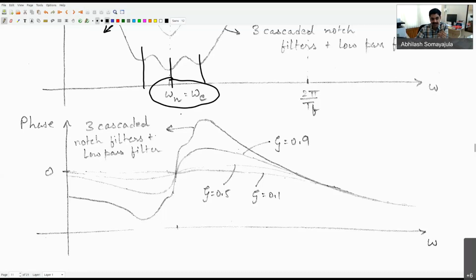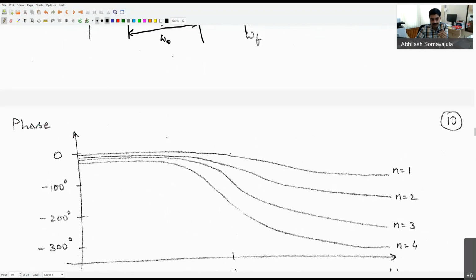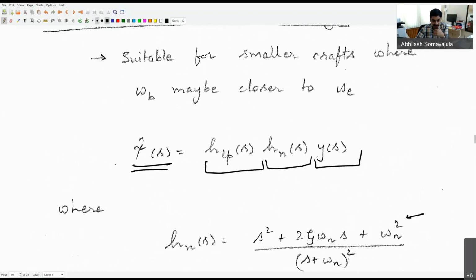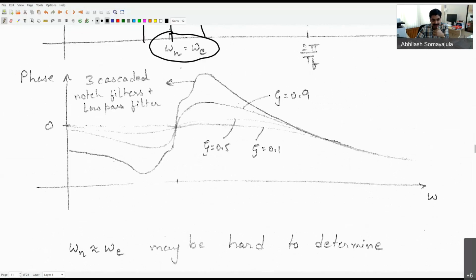That was not the case with the low pass filters, where the phase was always lagging. When we are doing notch filtering, that's not always the case. The phase may lag at some frequencies and go forward at others, which may result in a signal that doesn't look anywhere close to what you were expecting. There can be effects which might be problematic.